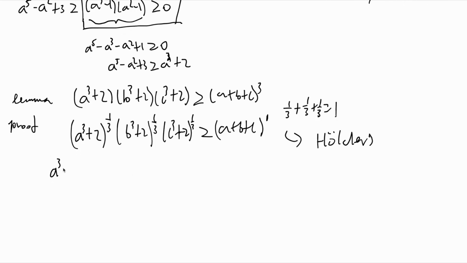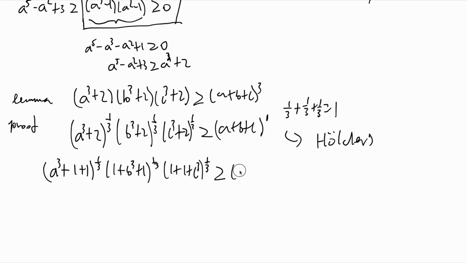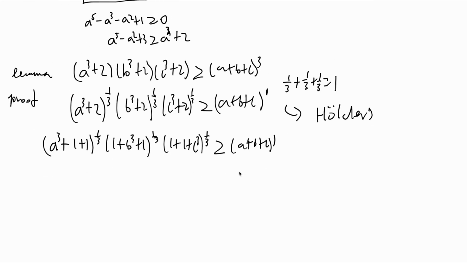So in order to exploit our observation right here, we can do something like this. They're all the same. So a cubed plus 1 plus 1 times 1 plus b cubed plus 1 times 1 plus 1 plus c cubed to the power of 1 over 3 is greater than or equal to a plus b plus c to the power of 1. And is this true?